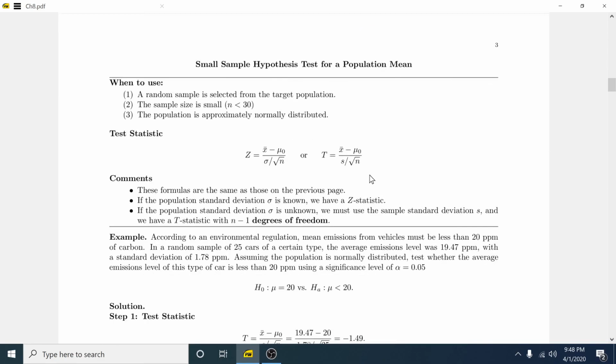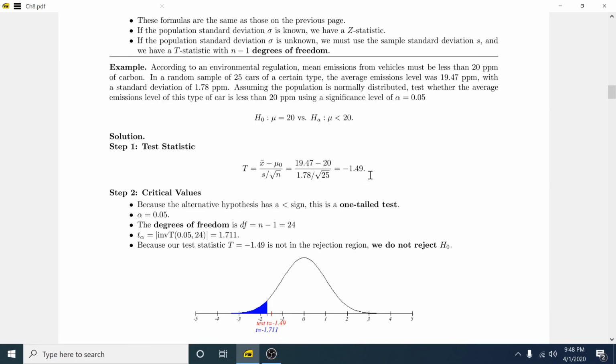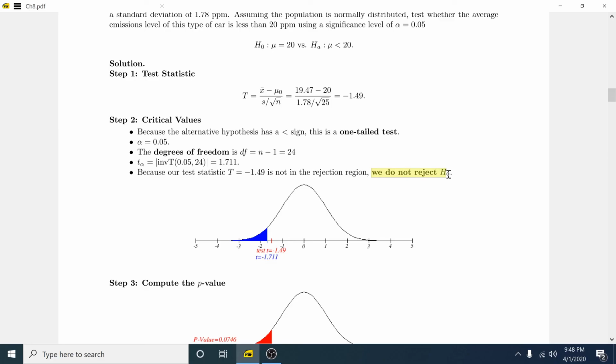Whenever you fail to reject the null hypothesis, like in this problem here, you do not have strong evidence that the null hypothesis is false, clearly, because you're not rejecting it. But on the other hand, you don't have strong evidence the null hypothesis is true either, for mathematical reasons that we don't need to go into right now.